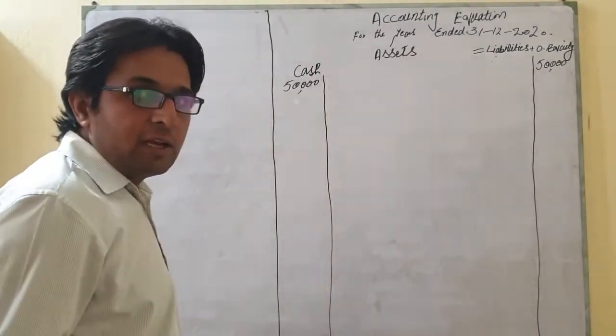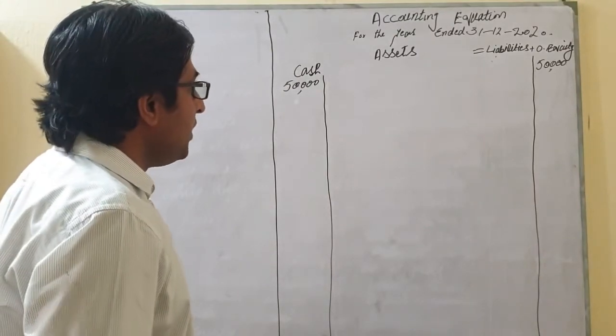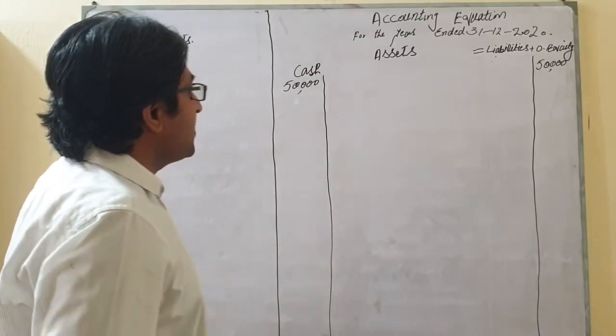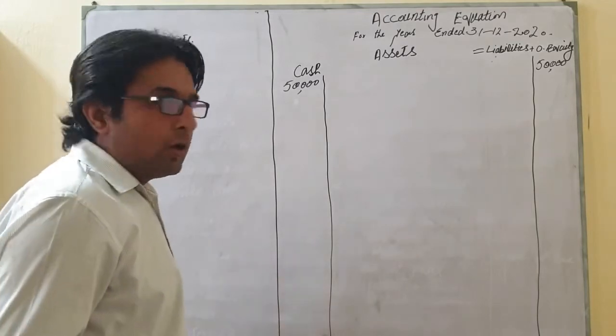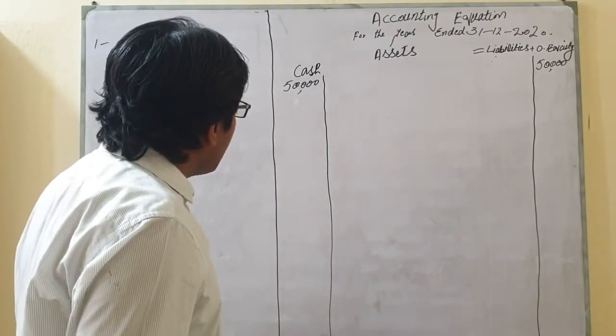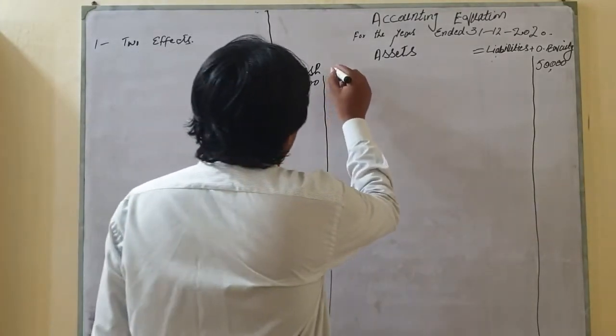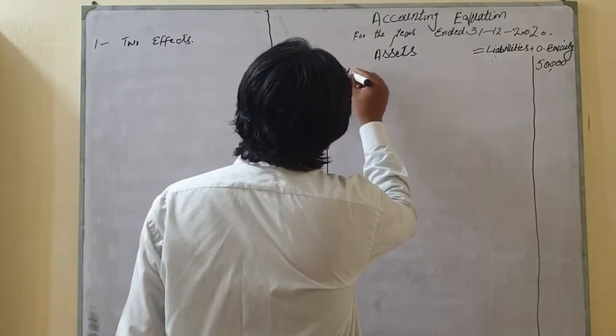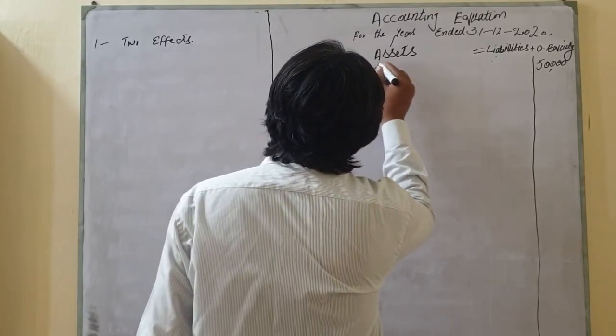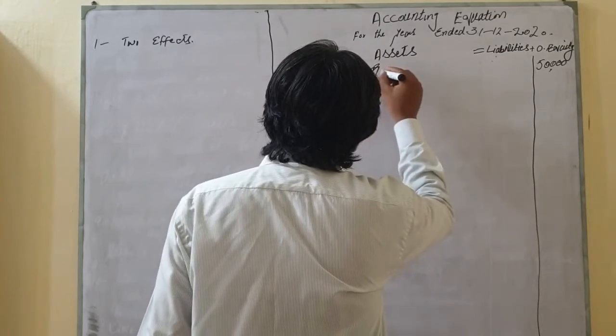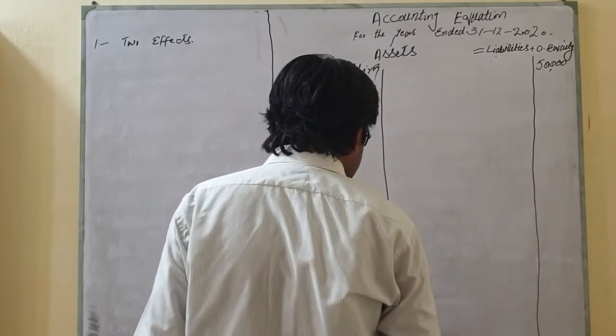We take another example. Let's suppose business has purchased building $5,000. So here our building will increase in the business. It is asset.